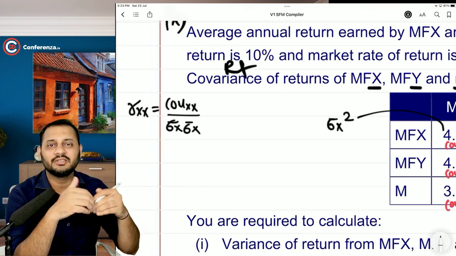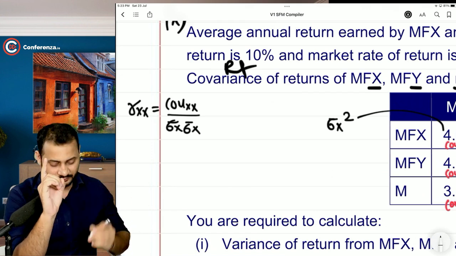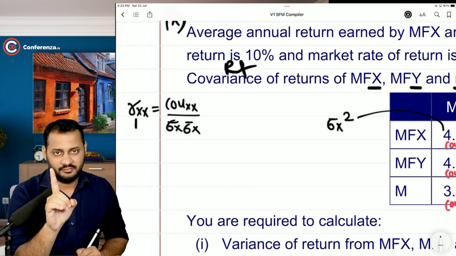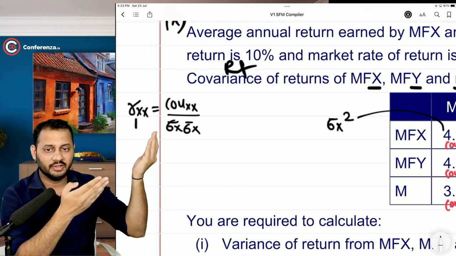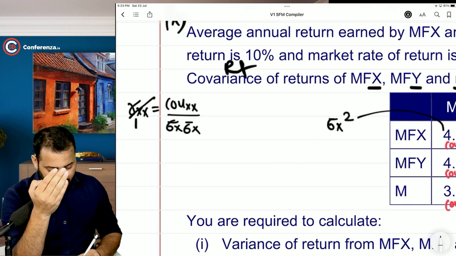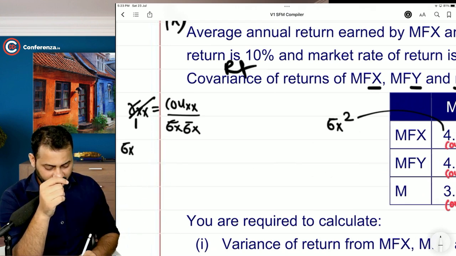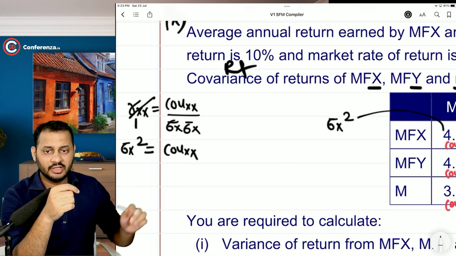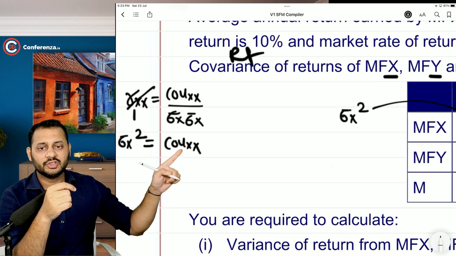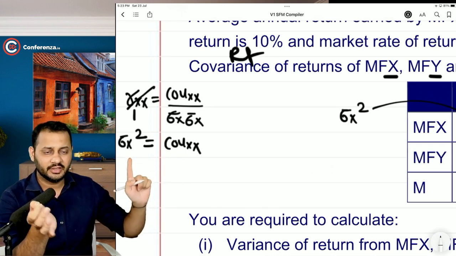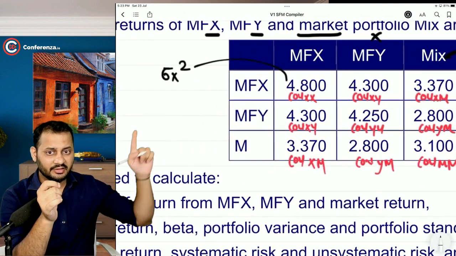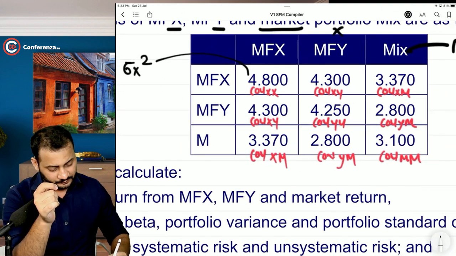So 10% and 10% means correlation 1. So it will always be 1. So the denominator goes to the other side, and standard deviation of X into standard deviation of X means standard deviation of X square is equal to covariance of XX. So can I say that covariance of a security with itself is nothing but the variance of that security, right?